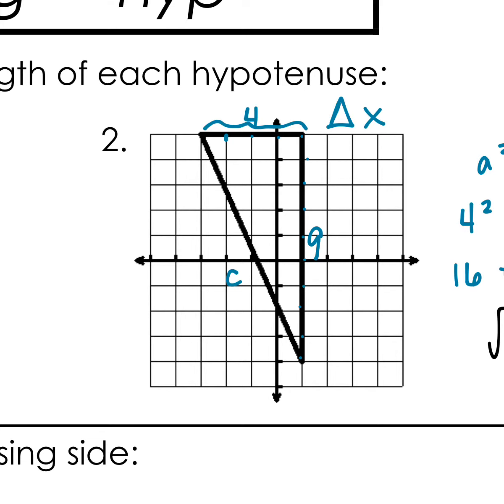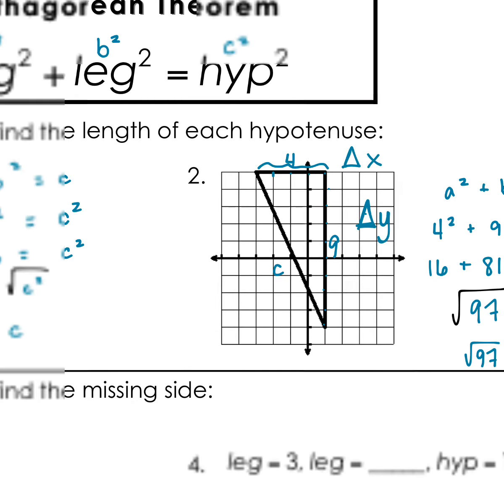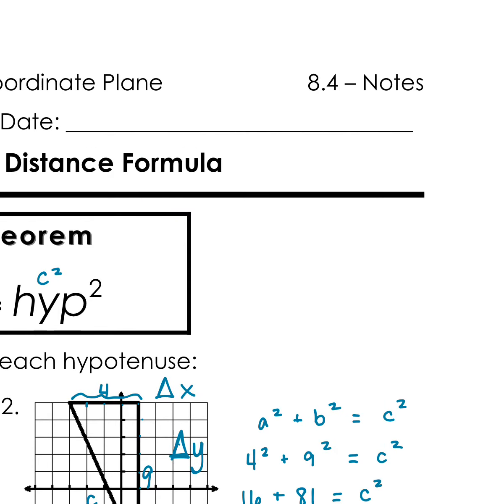9 represents the change in y units. How far is it from, 1, 2, 3, -4 up to +5? So we got the change of x and the change of y. And how is that related?